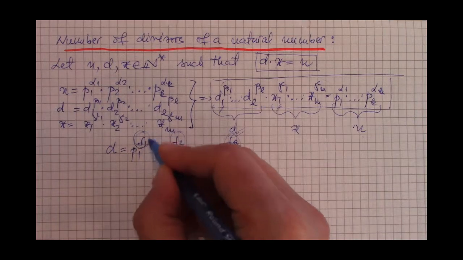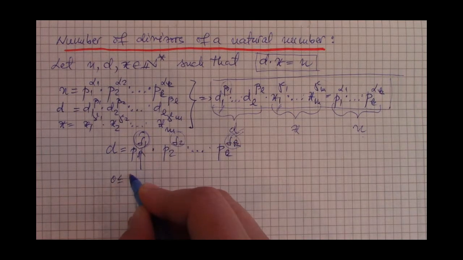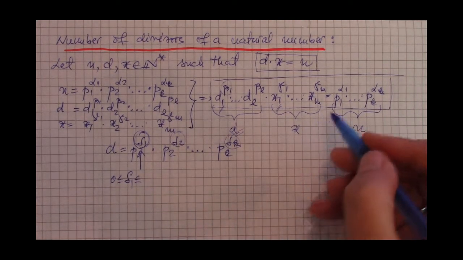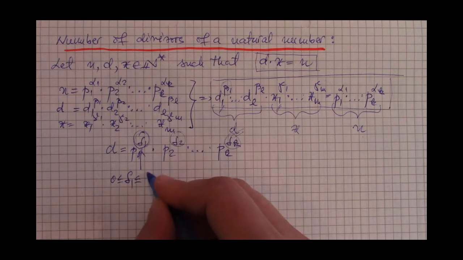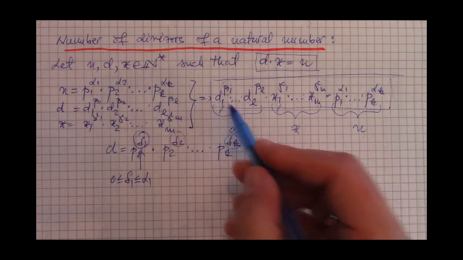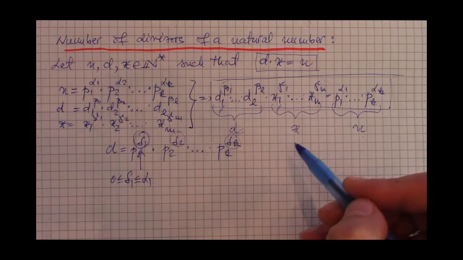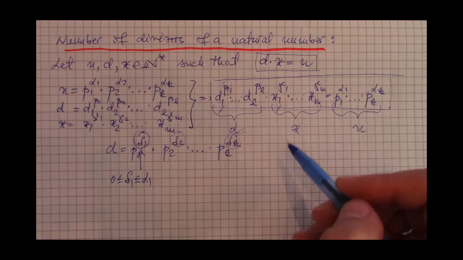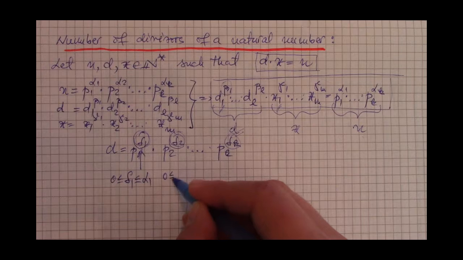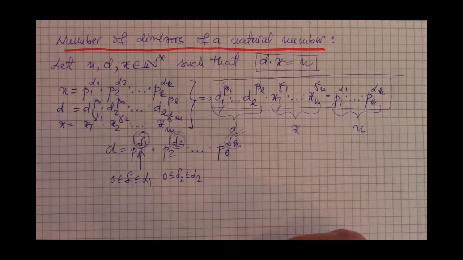So we have some restrictions on these deltas. We can say 0 is less than or equal to delta 1, which is less than or equal to alpha 1, because the powers at which the various p's appear in d cannot be greater than the corresponding powers in n. Also, we have 0 less than or equal to delta 2 less than or equal to alpha 2.